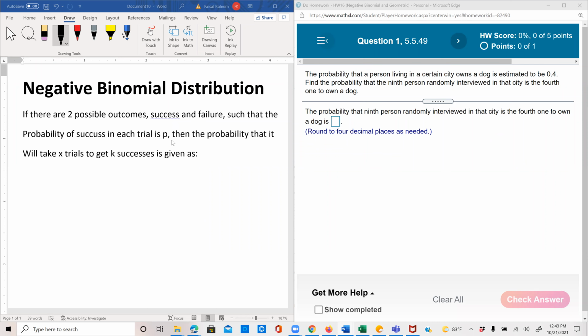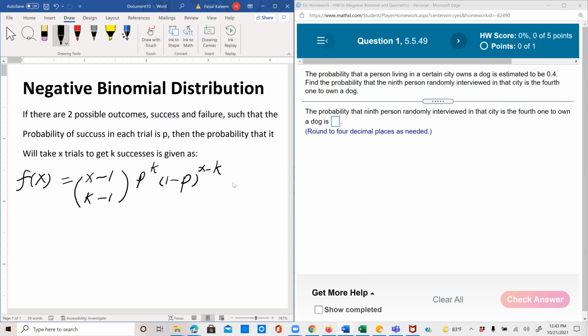Then the probability that it will take x trials to get k successes is given as f of x equals x minus 1 combination k minus 1, p power k, 1 minus p power x minus k.